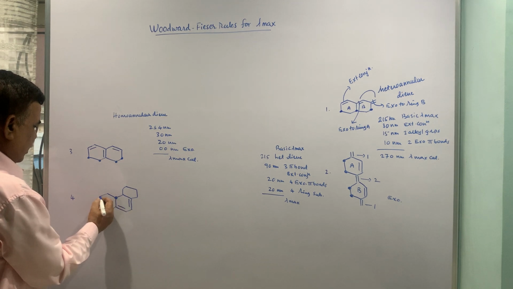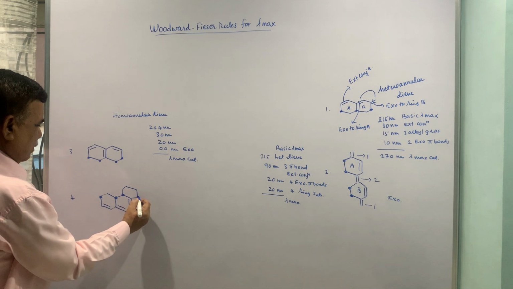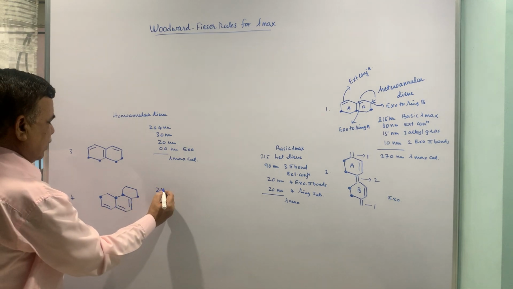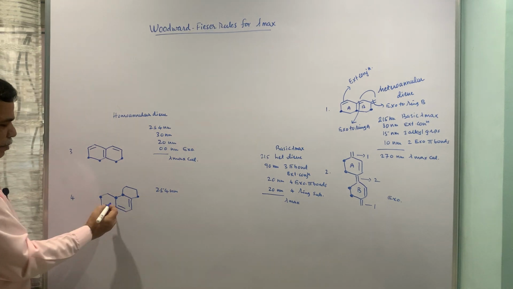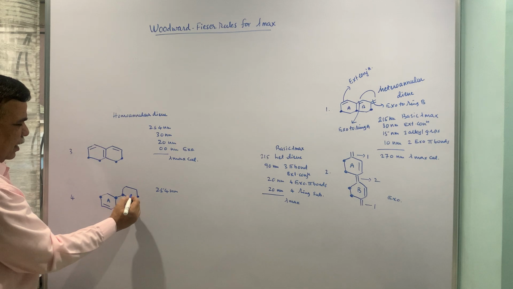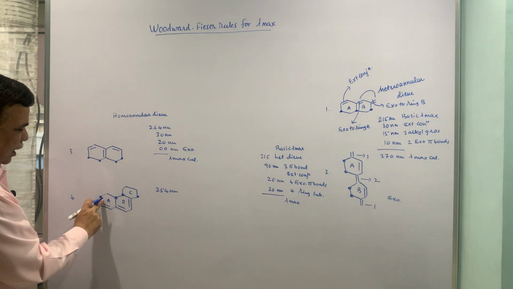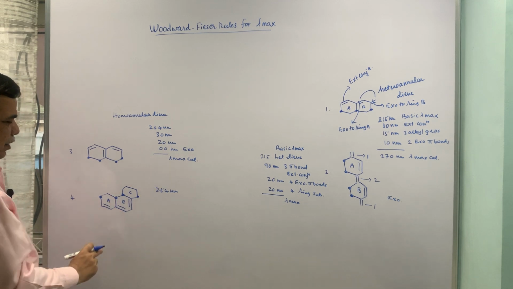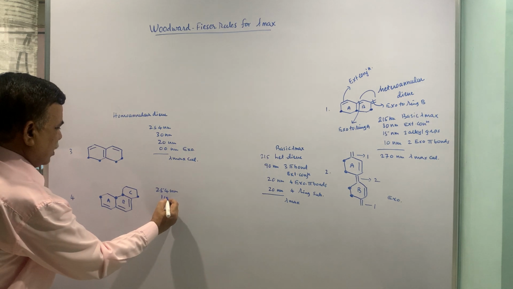I am putting the alkyl substituents first. Okay, there are 4 alkyl substituents. This is homoannular diene because these 2 double bonds are part of the same ring. Let me designate the rings as A, B, C. So this is exocyclic to A, this is exocyclic to C, right? So 2 exocyclic bonds.